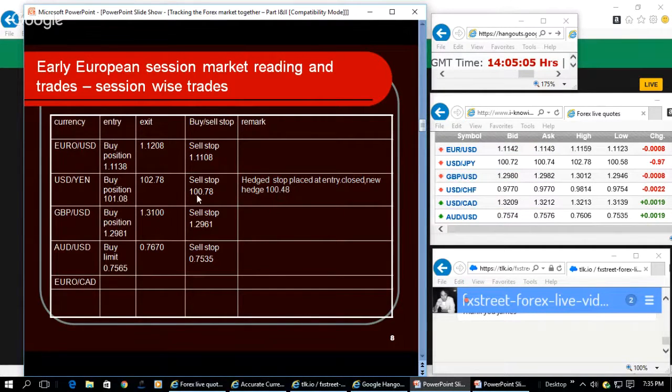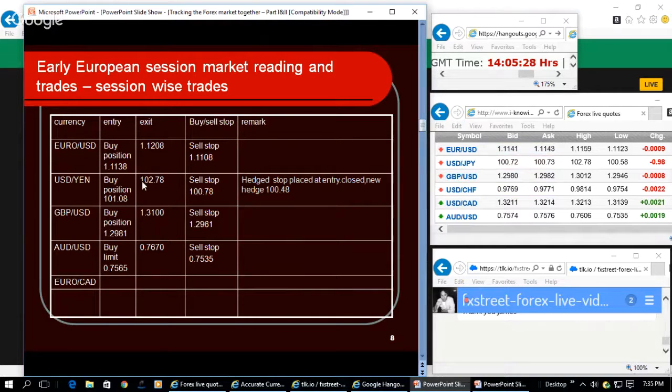Subsequently, another 50 pips, and it filled the sell stop and came down to 100.60 to start with. Then slowly they cut the low by 1 pip to 59 and then another 1 pip to 58, hovering around 100.73-74 levels now.